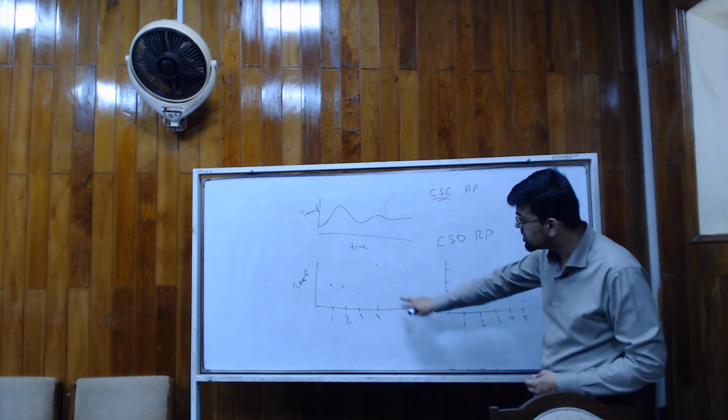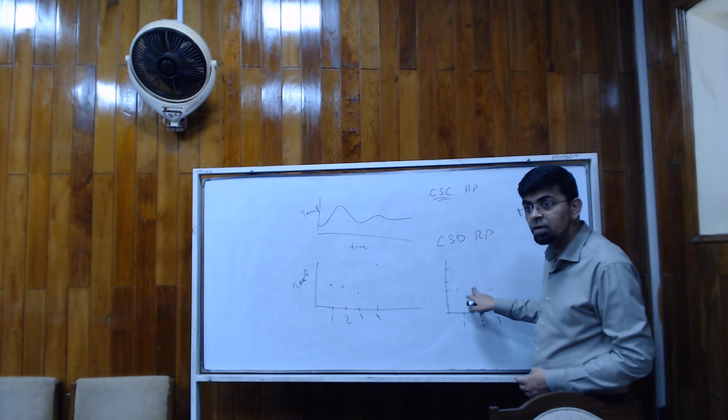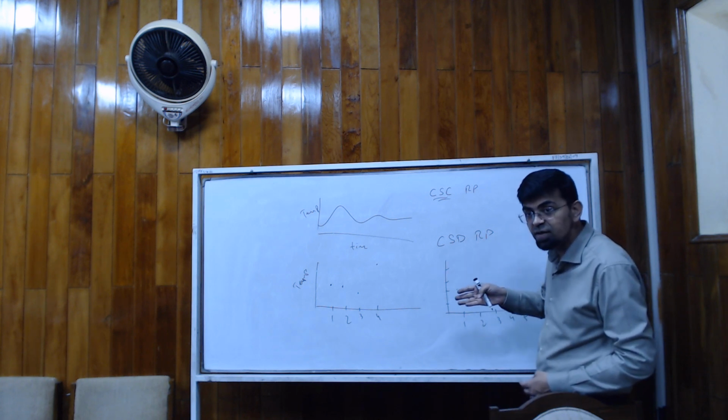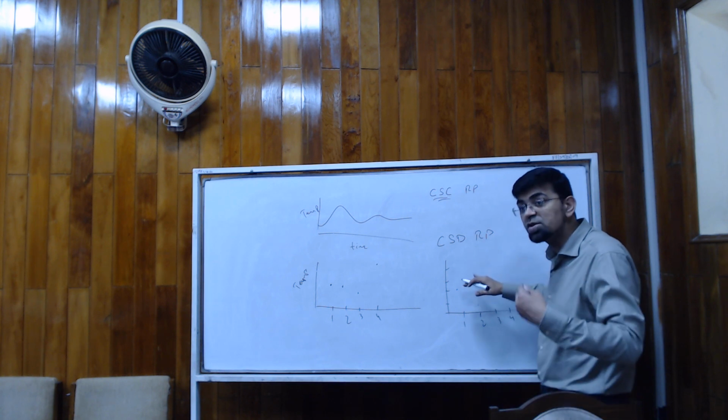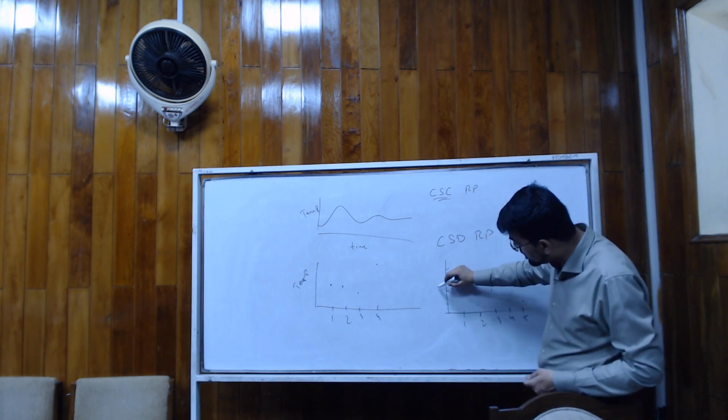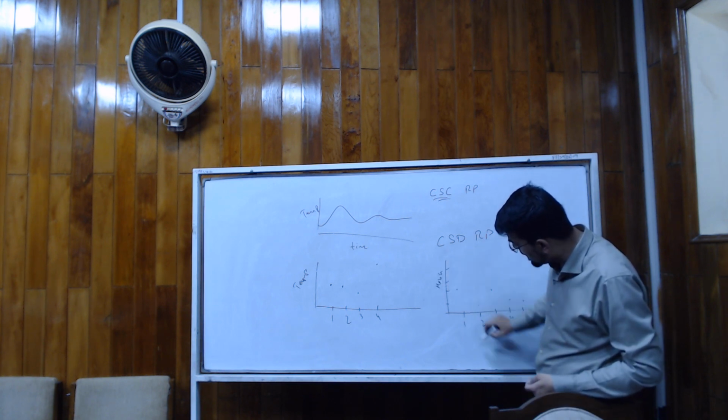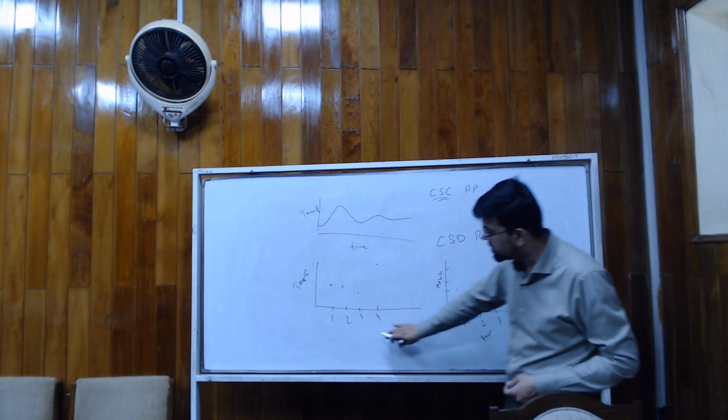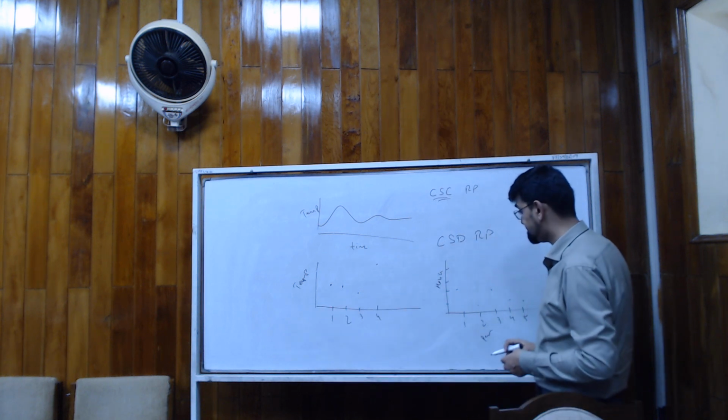What's the difference between this one and this one? The y-axis there was continuous. Here y is also discrete: mobiles and people here, people and temperature there.